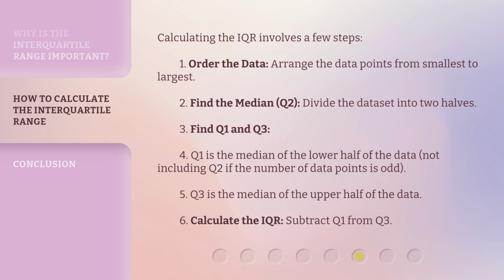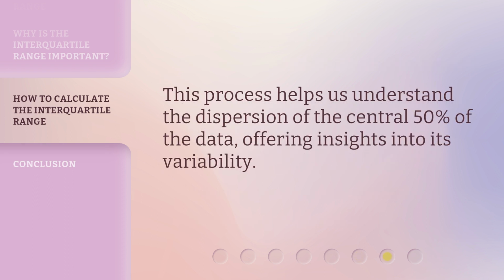Q3 is the median of the upper half of the data. 6. Calculate the IQR. Subtract Q1 from Q3. This process helps us understand the dispersion of the central 50% of the data, offering insights into its variability.